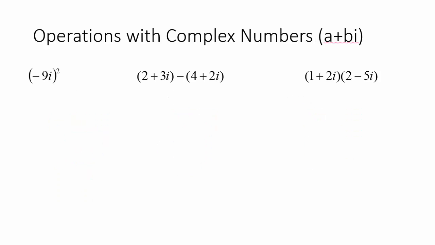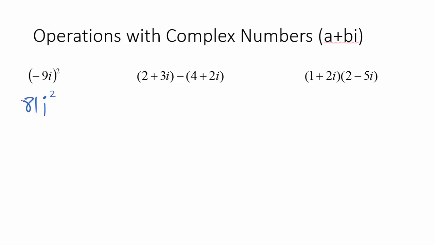Okay, so we can also do some operations with complex numbers as well. So if I had negative 9i in parentheses squared, what I can do is follow my rules for squaring things and figure this out. So if I square the negative 9 here, I should get positive 81. And if I square i I should get i squared.